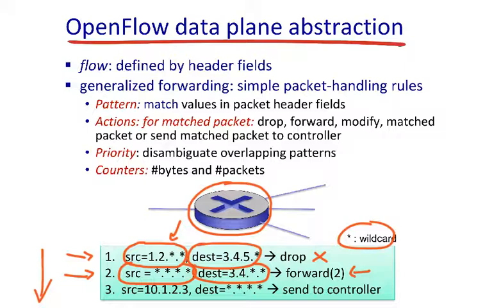So I would like to use the normal destination-based routing. Another potential rule could be: if a packet is created by this specific host and destined to wherever, I don't know what to do, send it to the controller. These are 3 different types of rules.